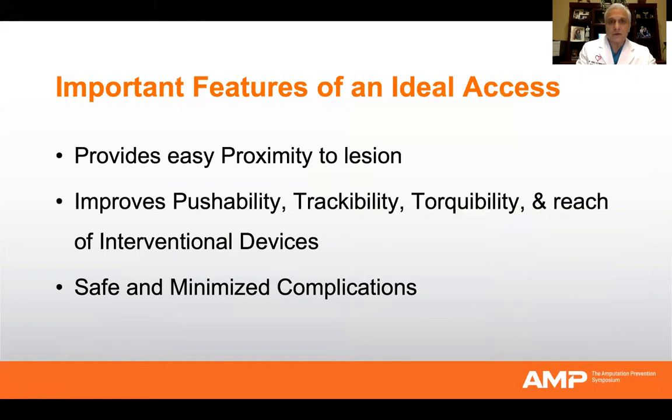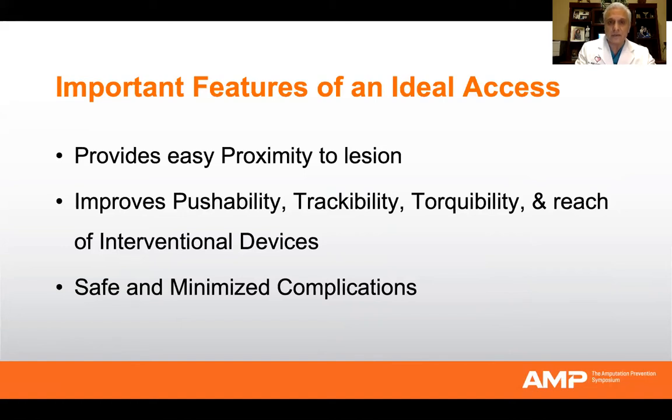Now, let me talk about access. What are the different accesses? What is the ideal access? The ideal access takes you to very close proximity to the lesion, which improves the pushability, trackability, and torqueability of the devices.